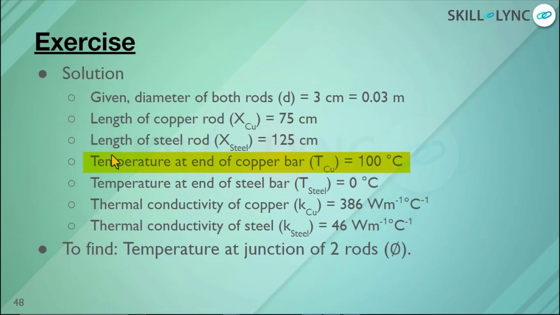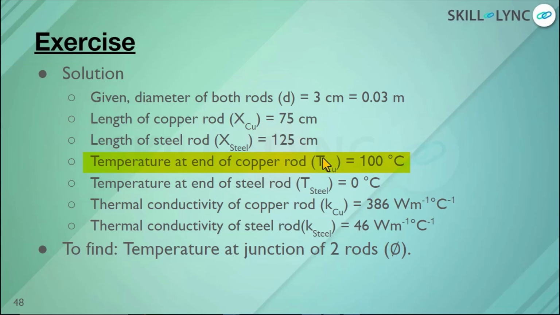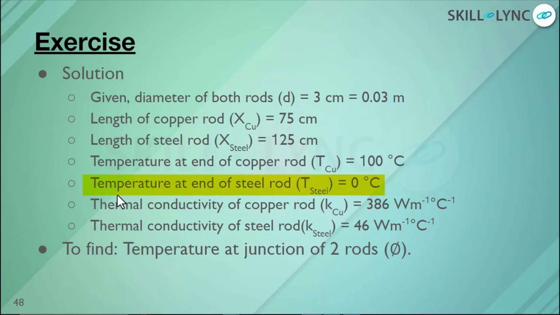The temperature at the end of the copper rod is 100 degrees Celsius. So we have written it as T_Cu, that is the temperature of the copper rod. Further, the temperature at the end of the steel rod is 0 degrees Celsius. We have mentioned it as T_steel, that is the temperature of the steel rod at one end.